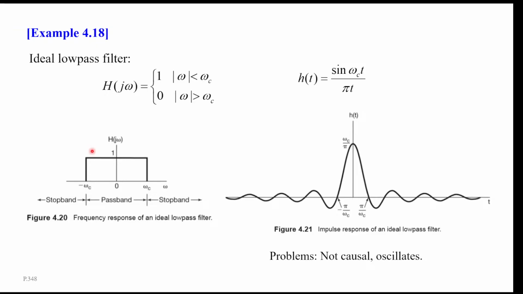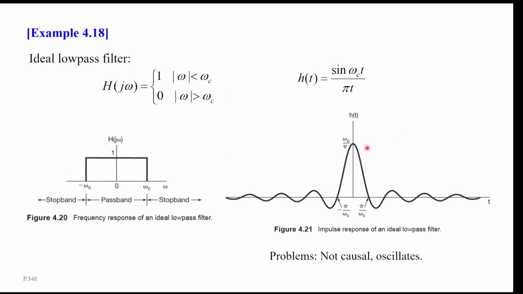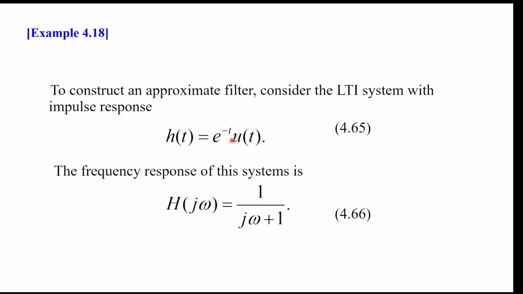So we want something that doesn't oscillate and is causal, and so we can design our LTI system with an impulse response like this. Instead of this two-sided decay and oscillation, we just have one-sided decay.